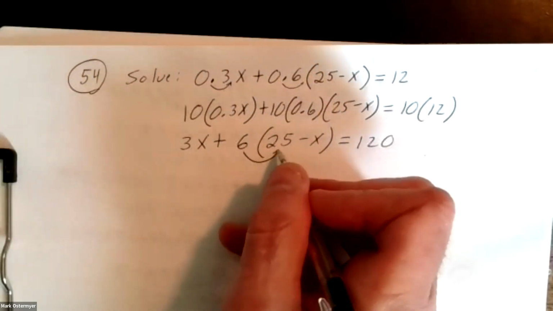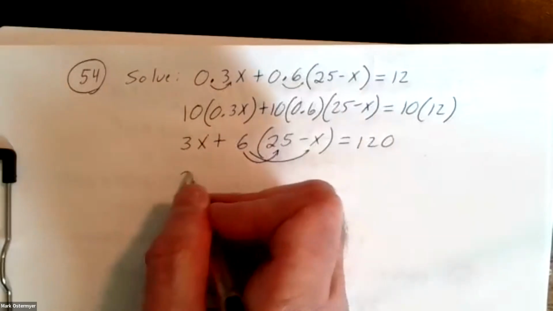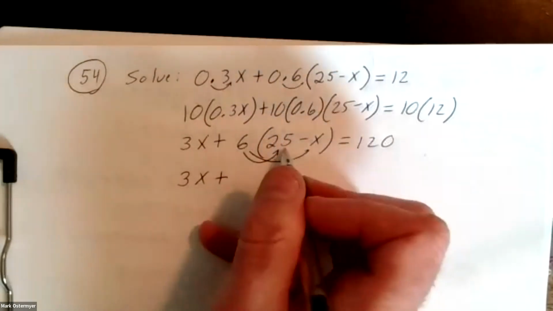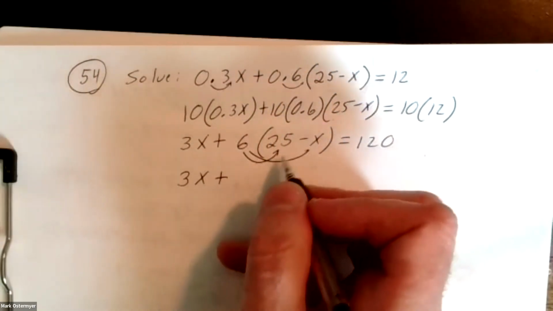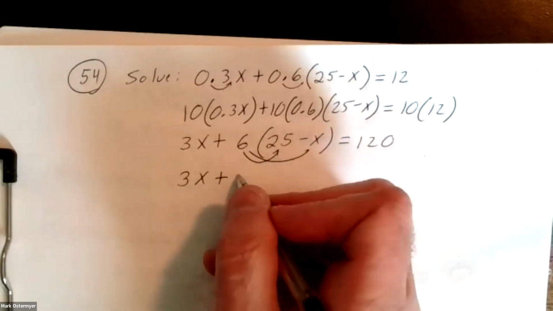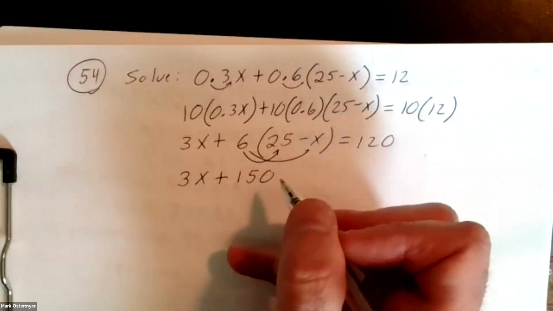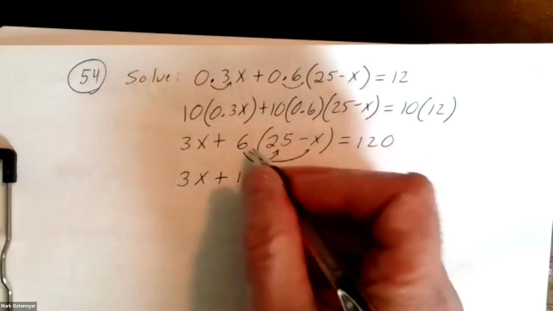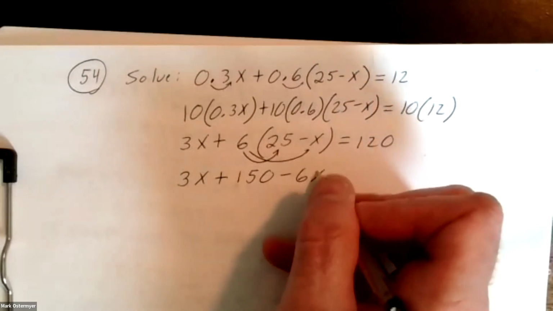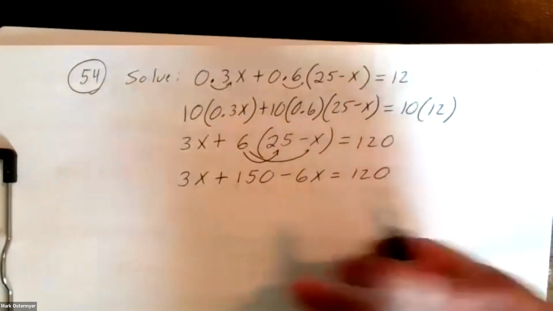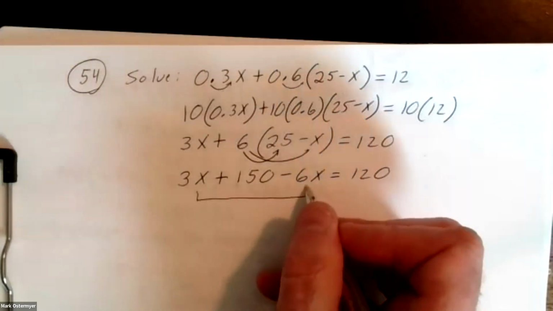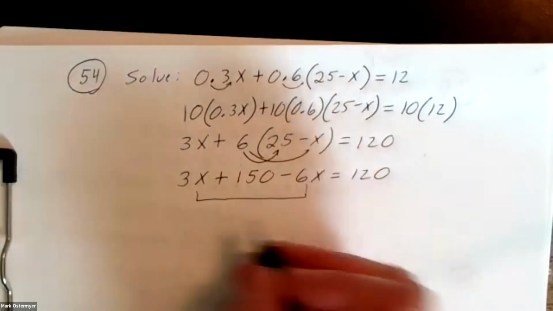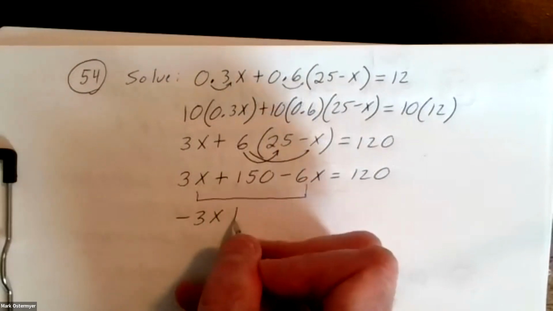Continuing to simplify on the left side, we distribute the 6 inside the parentheses. 6 times 25 is going to be 150. 6 times negative x, minus 6x. Combining like terms on the left side, 3x subtract 6x combined to give you minus 3x.